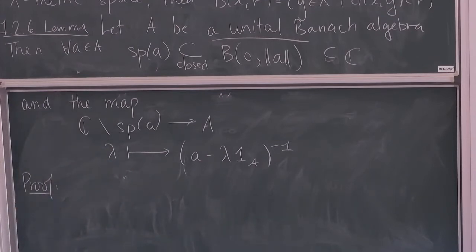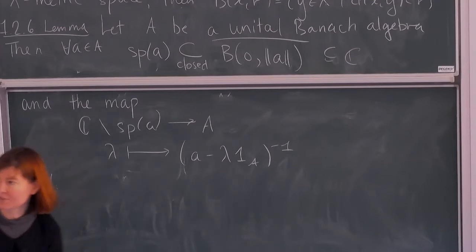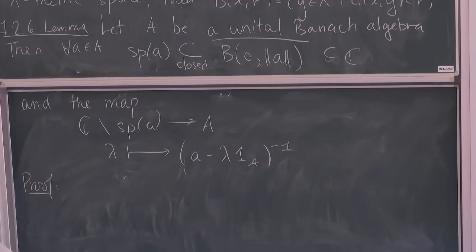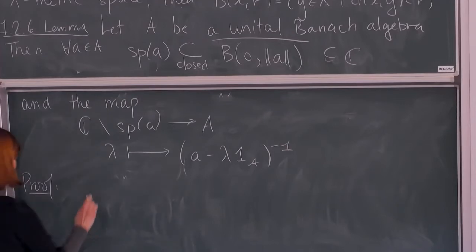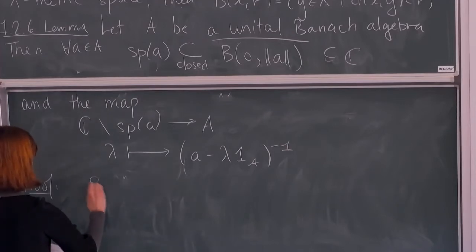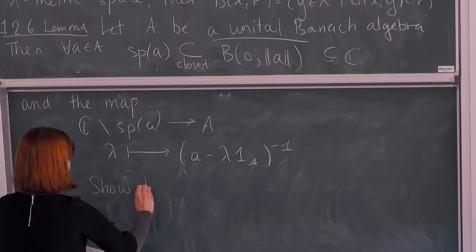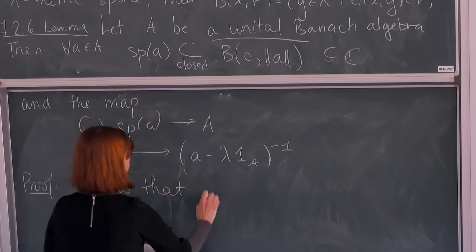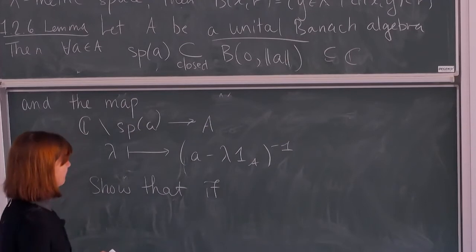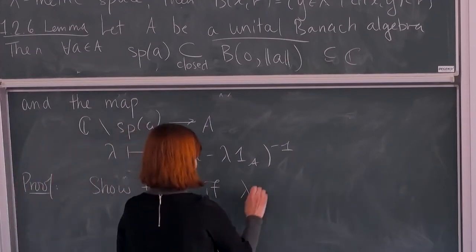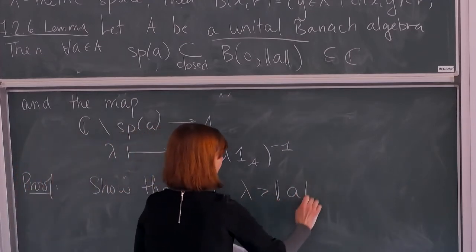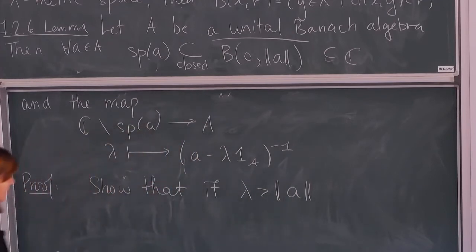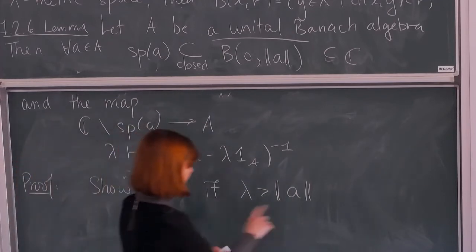Okay, so I won't go into the details because I would like to get through a bit more, but it's a reasonably easy exercise. So the idea is to show that if lambda is strictly greater than the norm of A, then lambda minus A is invertible.